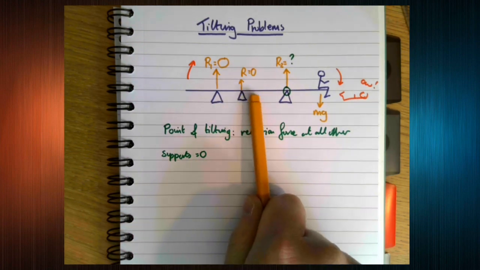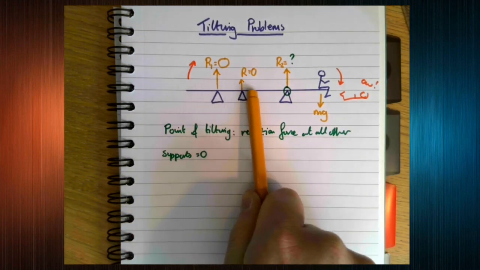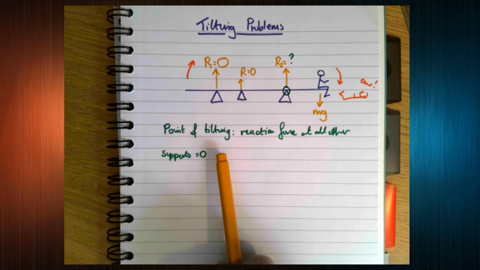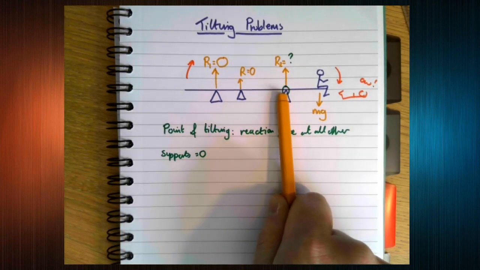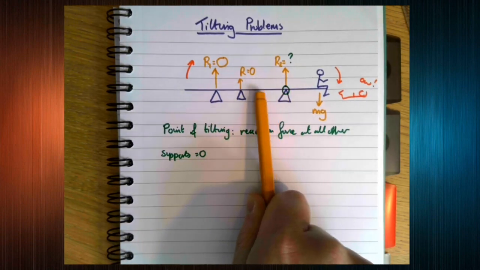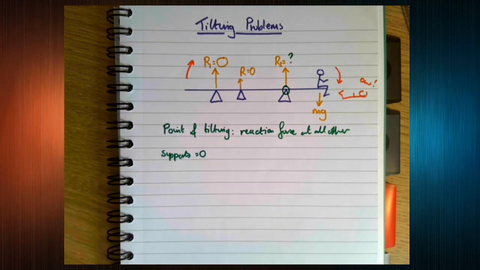So regardless of how many supports we put on this side, if it is on the point of tilting about this point, all of the reaction forces are 0. Everything else to do with the actual problem-solving element of this topic works exactly the same way as the previous two videos. Resolving forces, resolve moments, see what happens.